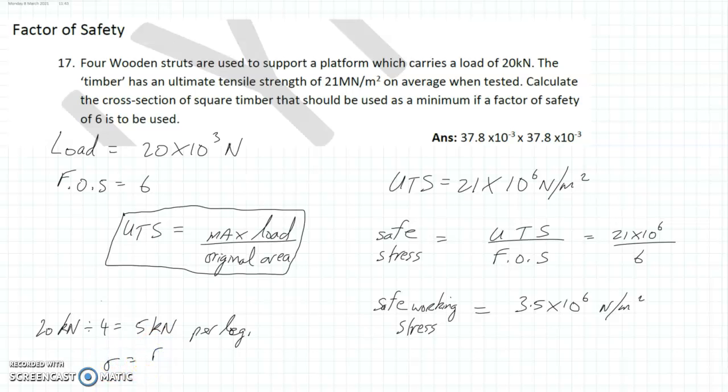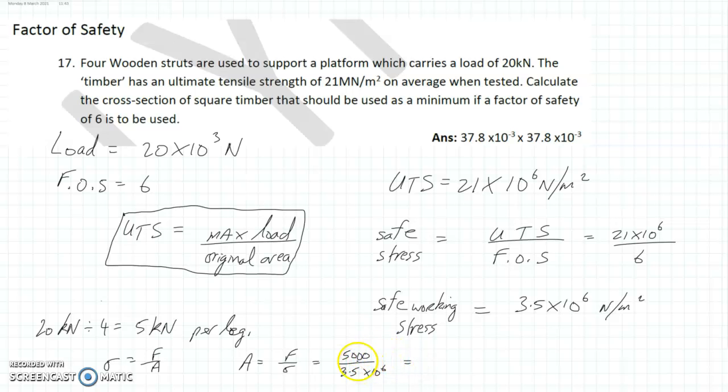Also sigma, stress, equals force divided by area, and therefore area equals force divided by sigma. Right. So the force, the load on each leg, is going to be 5,000 newtons, and the sigma, the safe working stress, we've worked that out already, that's 3.5 by 10 to the 6.